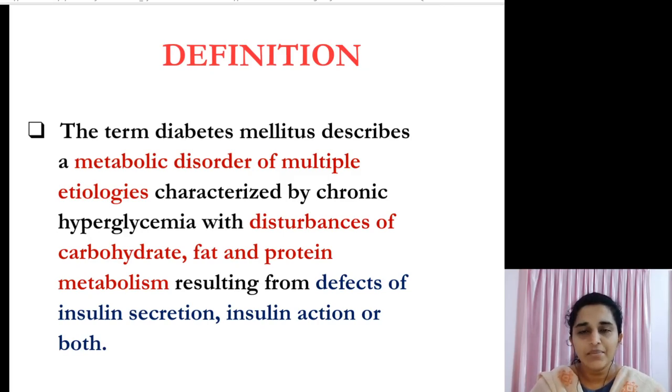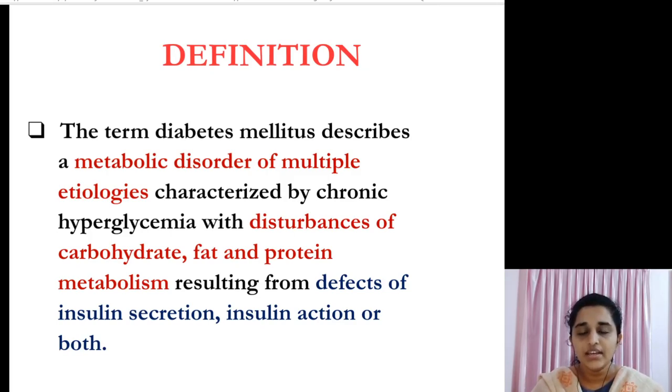The term diabetes mellitus describes a metabolic disorder of multiple etiologies characterized by chronic hyperglycemia with disturbances of carbohydrate, fat, and protein metabolism resulting from defects of insulin secretion, insulin action, or both.